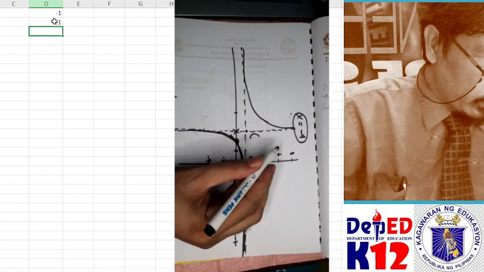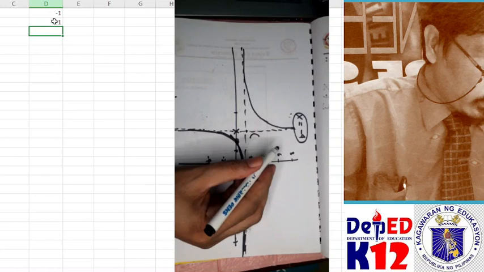This is not a hole, as we verified in our graph. Okay, so letter C. What is the question for letter C? Zeros pala. So this is letter C, zeros, and letter B is hole.